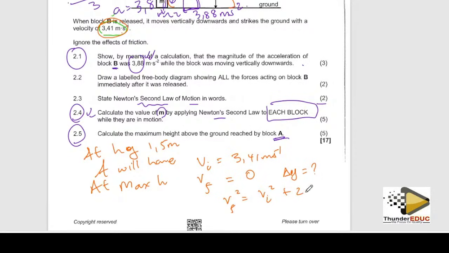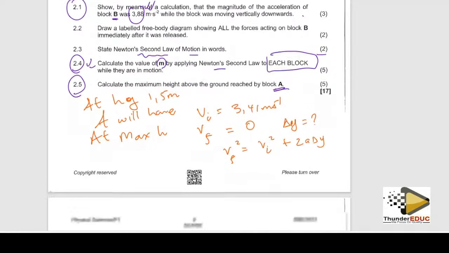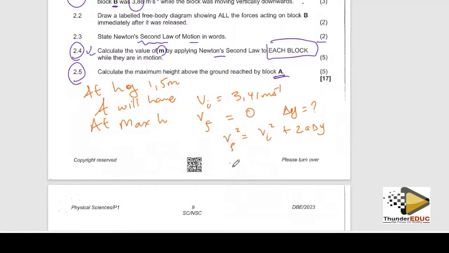I can use A delta Y. Okay. When I apply my substitution, we are saying our VF is 0, which is equal to the VI, 3,41 squared plus 2. Why am I using a plus? It should be minus, since the body A is moving upwards.